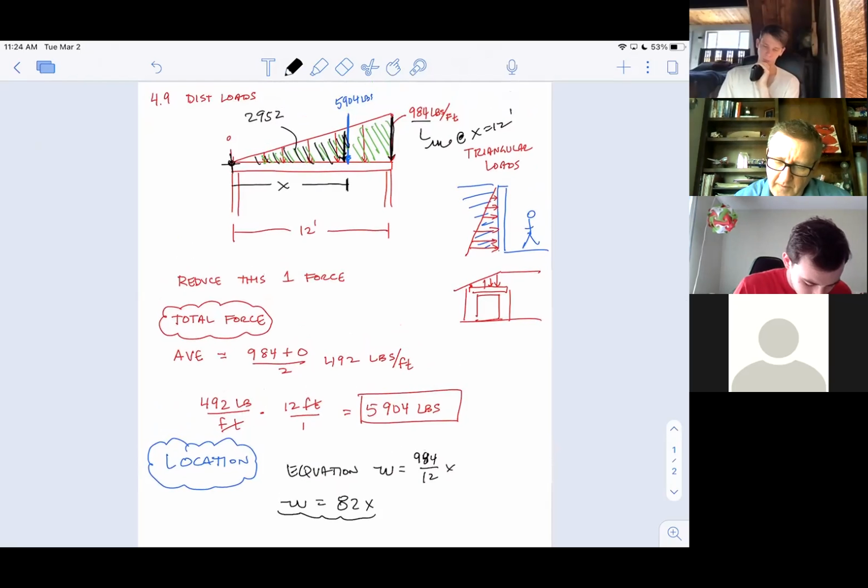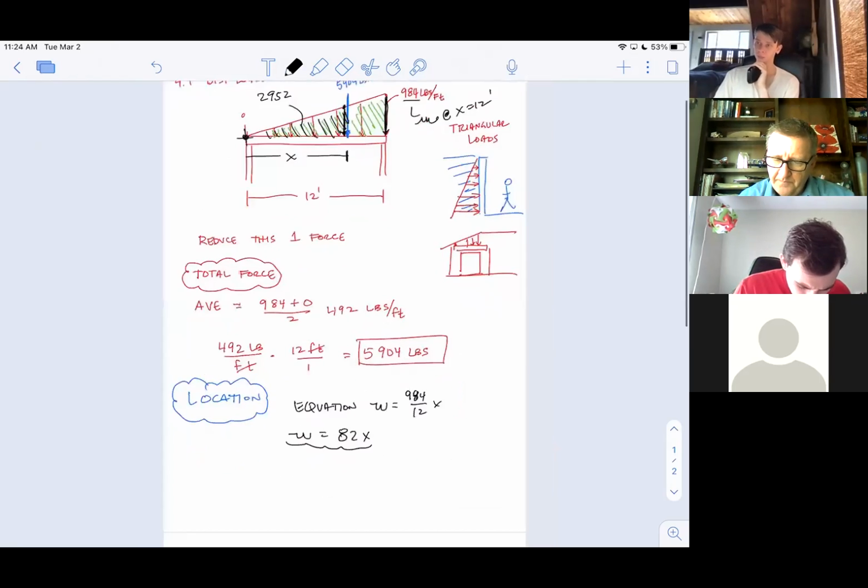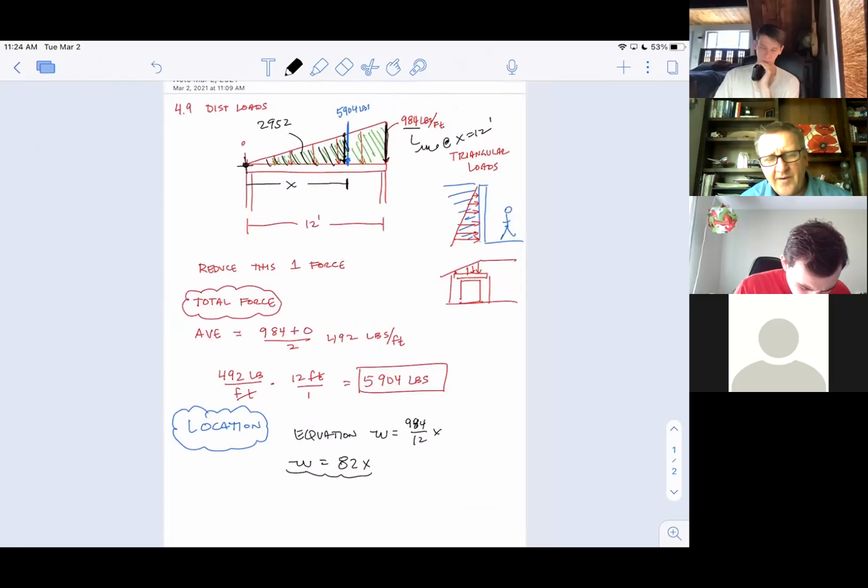So then if any place I'm at on here is 82x, didn't we just find the area a minute ago? We took 984 times 12 and divided by 2.